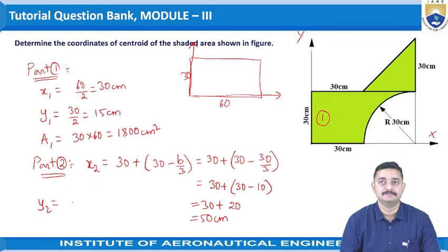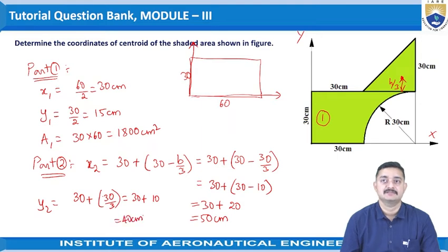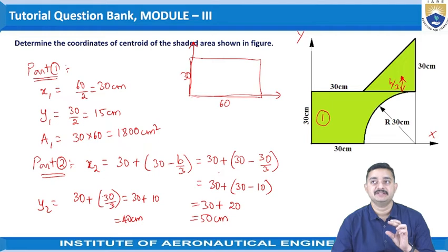So that would be 30 plus this centroid would be h by 3. Hence, that would be 30 by 3. So that would be 30 plus 10. Hence, it is 40 centimeters. So 40 centimeters from the x-axis and 50 centimeters from the y-axis.